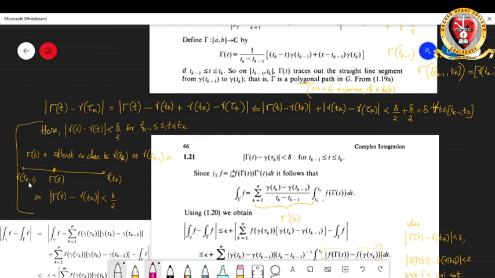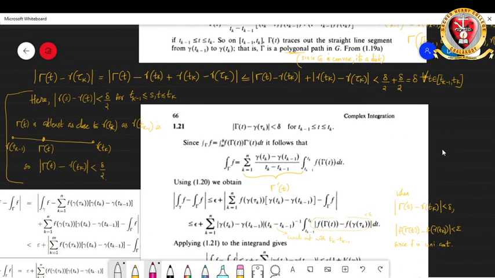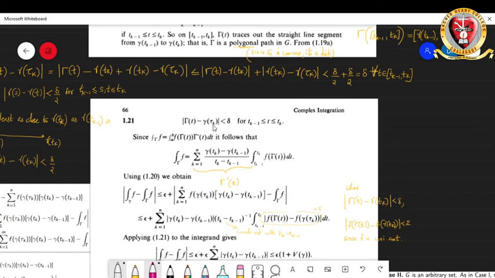Because this tk minus 1 and tk are very close, so their functional images will in turn be very close, as we discussed earlier. So we can say that the term sitting here is strictly less than delta by 2 and the term sitting here is also strictly less than delta by 2, and altogether we get that the modulus of capital gamma of t minus small gamma of tau k is strictly less than delta for tk minus 1 less than or equal to t less than or equal to tk.